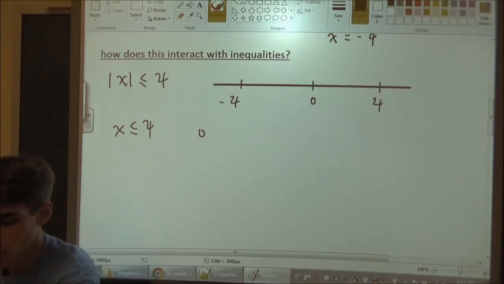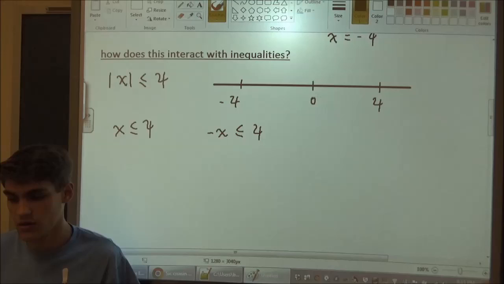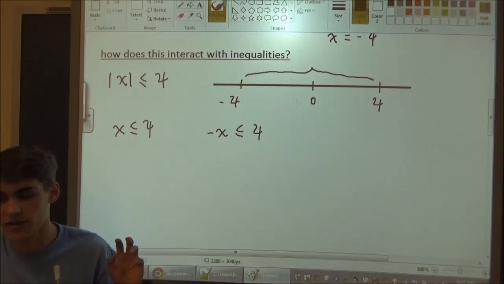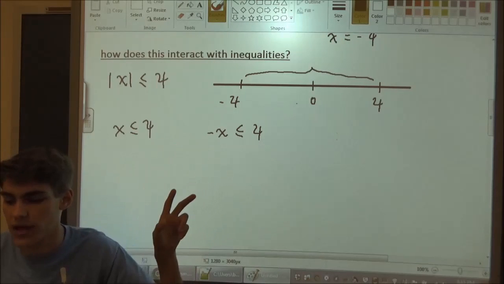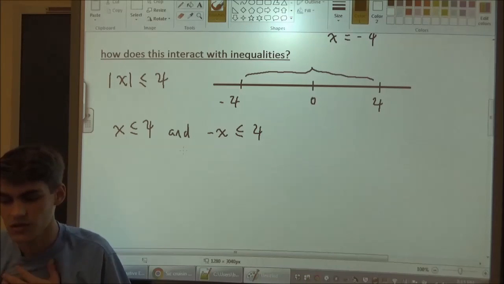So we know that this could also be true: negative x being less than or equal to 4. So it's going to be all the numbers in between here that have a distance of 4 or less. So it could be everything in here.